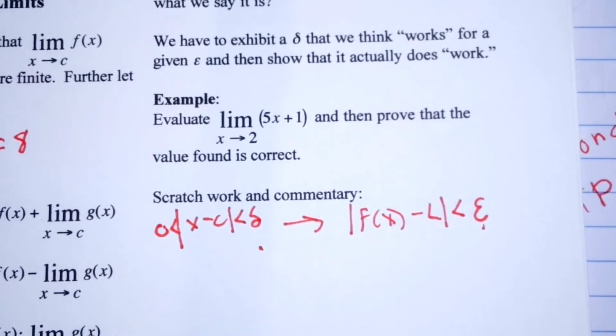So what we're going to do is work backwards. At least we're going to do scratch work where we work backwards. This is not an uncommon practice. If you're trying to solve a problem, sometimes you start with the goal, the end, and then figure out where could I have been that led me to that end statement?